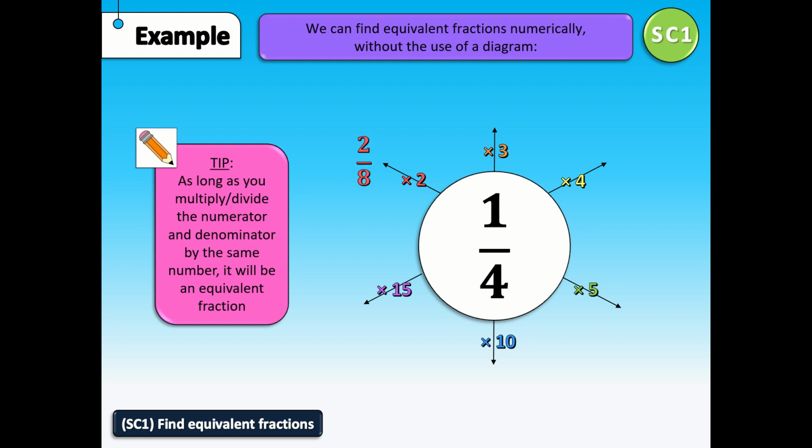So that means 2/8 is the same as 1/4. 3/12 is the same as 1/4. 4/16 is the same as 1/4. 5/20 is the same as a quarter. 10/40 is the same as a quarter. And 15/60 is the same as a quarter. So these are all equivalent fractions because they all have the same value.